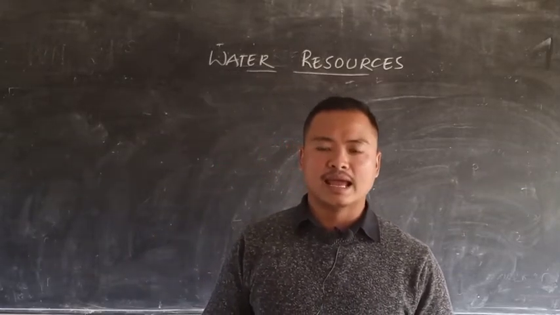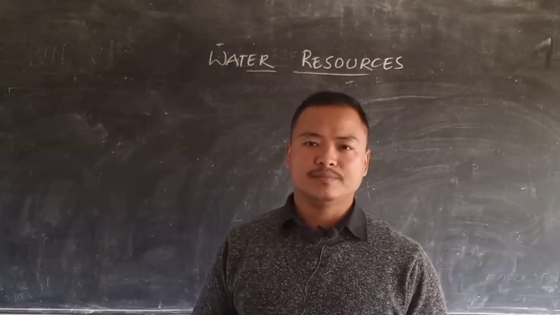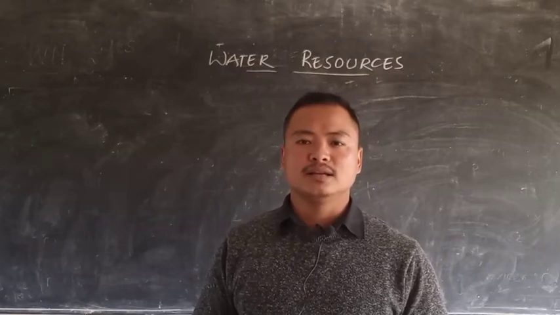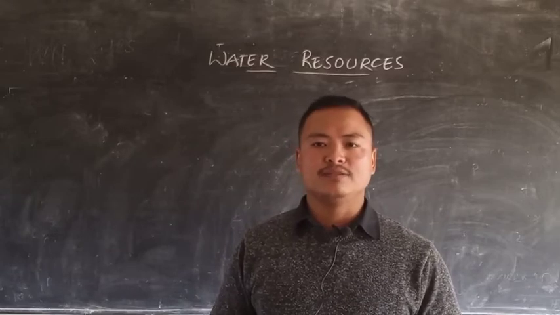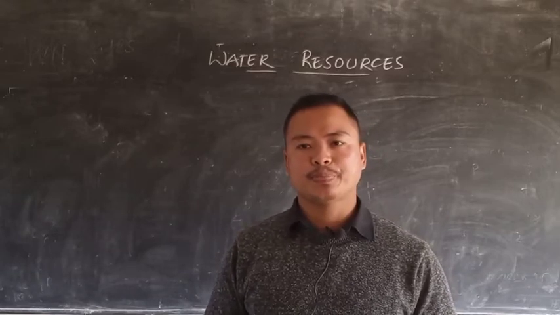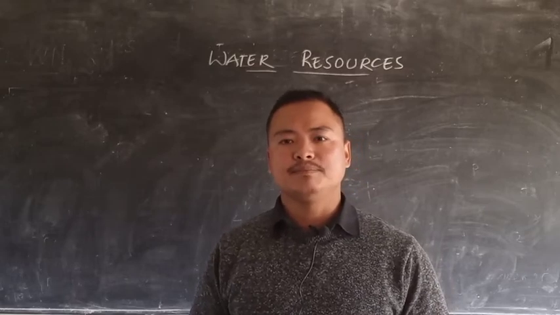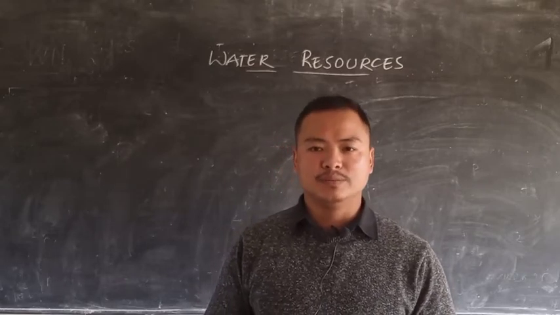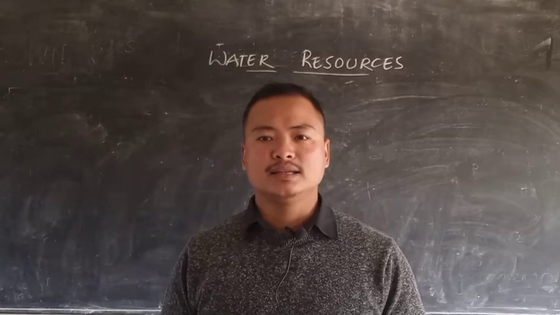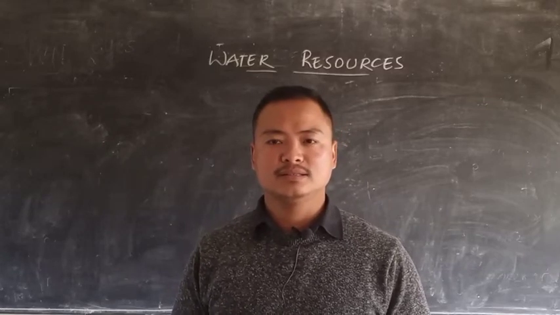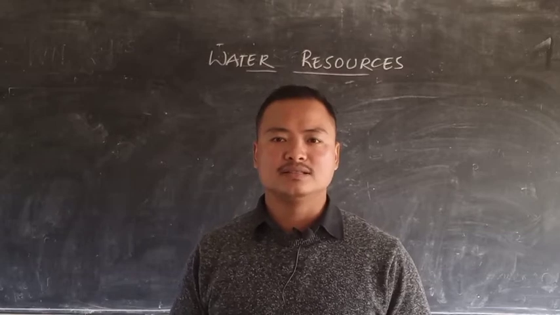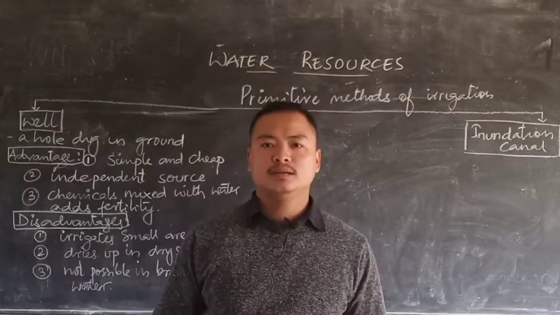In order to enhance productivity, irrigation is very much required because rainfall is not sufficient. So in this class today, we will be discussing the primitive methods of irrigation practice with their advantages and disadvantages.